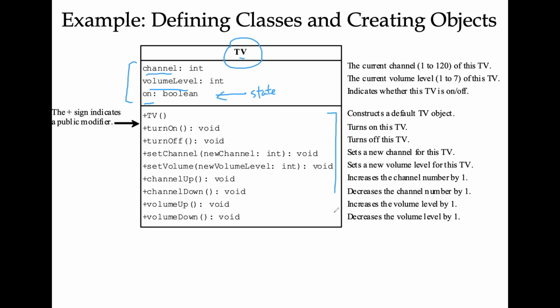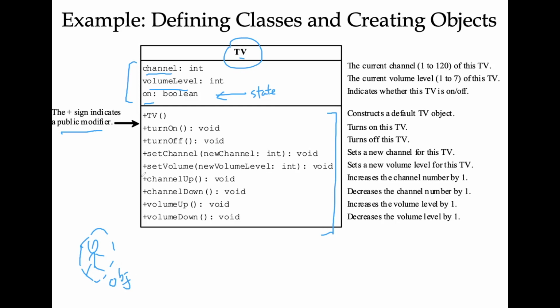Now let's look at these behaviors. You'll notice this plus sign. These plus signs indicate that they are publicly available, meaning if you're a user, and this user does not have to be an actual person, it could simply be another object. This object is external to this TV object.